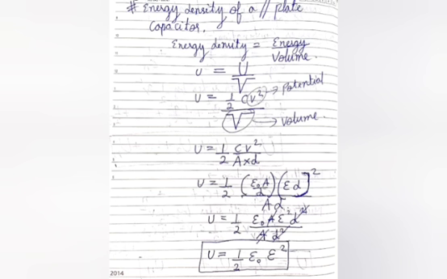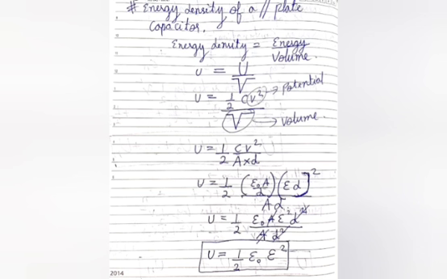Now again, U is equal to half CV square upon, instead of volume we can write area into D, where D is the distance between the plates of the capacitor. Later on in the expression we can put the values of C and V. C is the capacitance of a parallel plate capacitor, hence it can be written as epsilon naught A by D, whereas V is potential, so it can be written as ED.